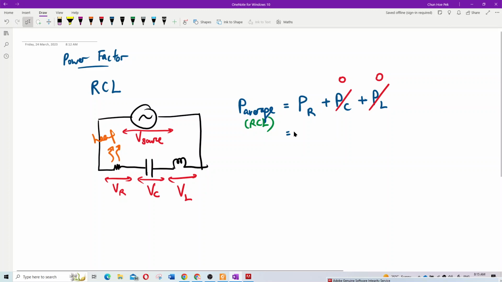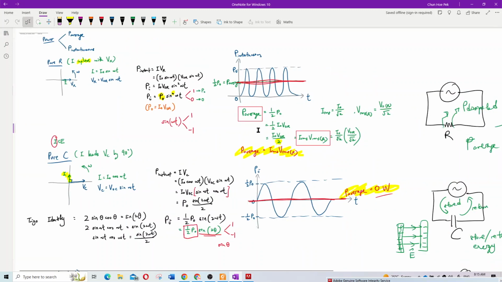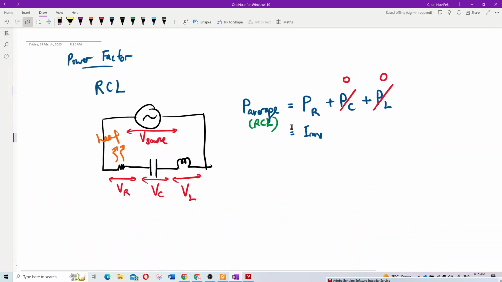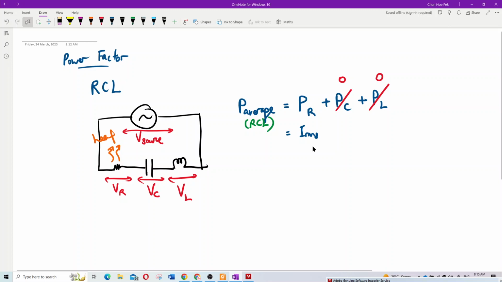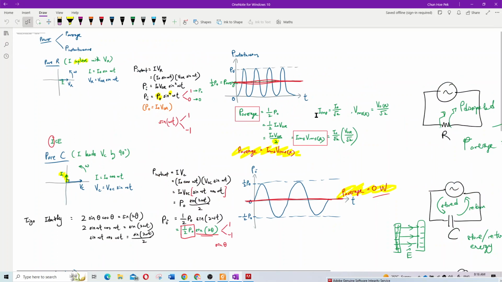To calculate the average power across the resistor, we just take IRMS. Remember, in yesterday's video, to calculate the average power across a pure resistor, we take IRMS multiplied by VRMS R. Only thing is, yesterday's was a pure resistor circuit.